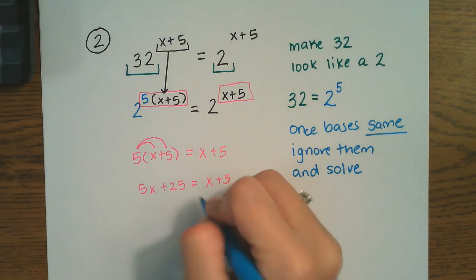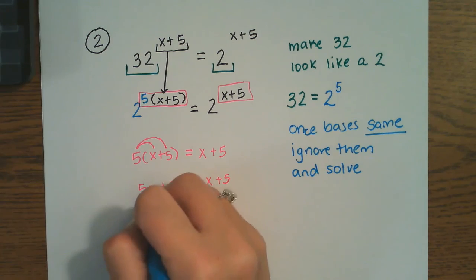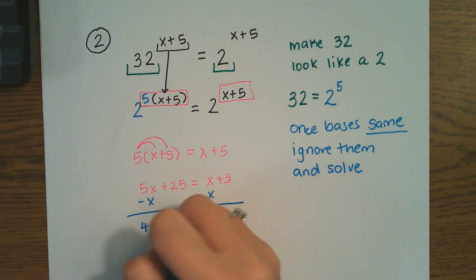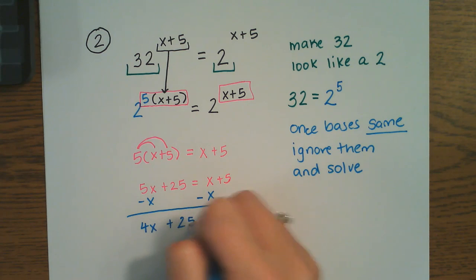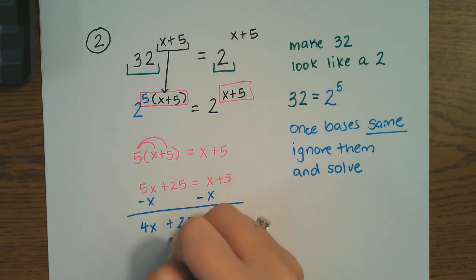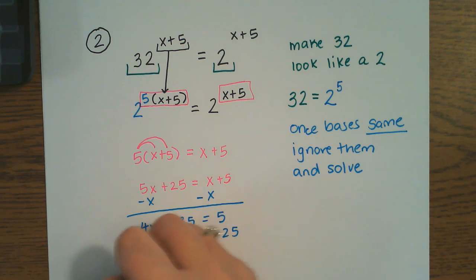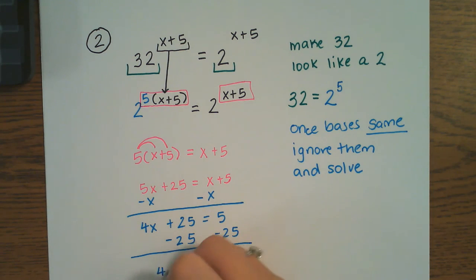They're going to go to lunch. Minus x is 4x. Subtract 25. And divide.